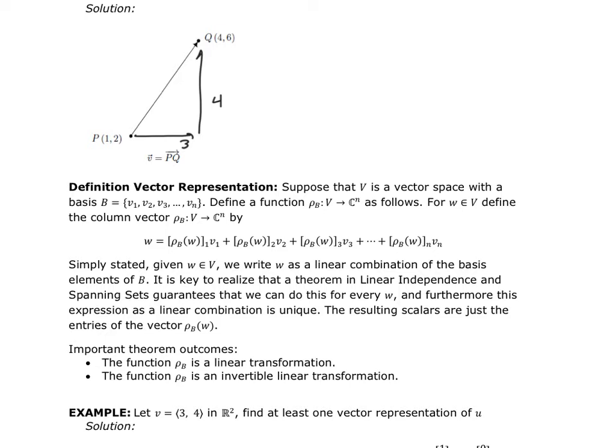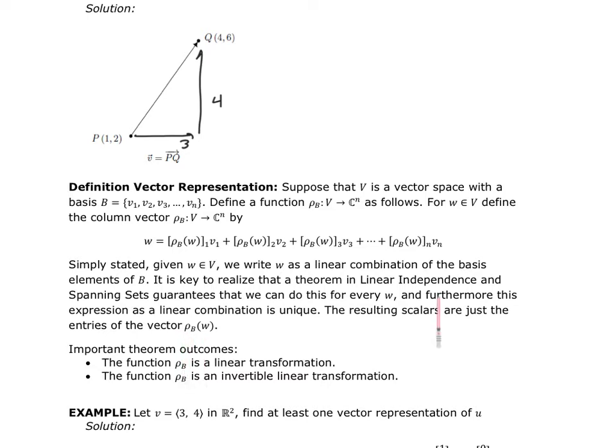Well, basically it says that we can write any vector w as a linear combination of the basis vectors of B. That's all it really means. And so the resulting scalars are just the entries of my vector, rho sub B of w.